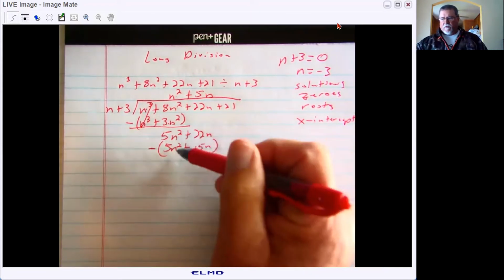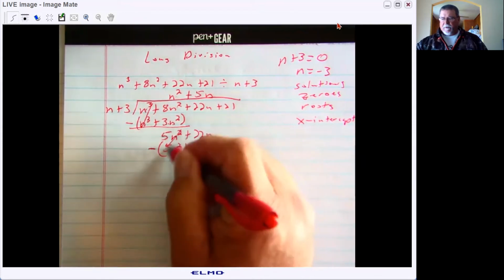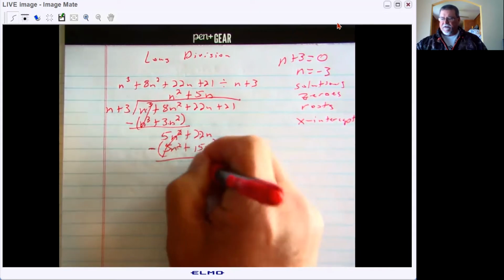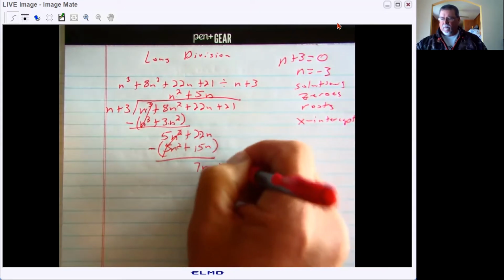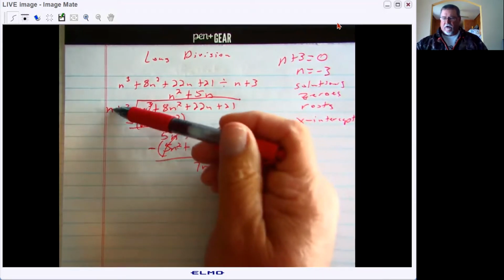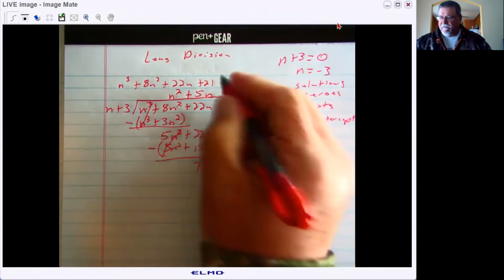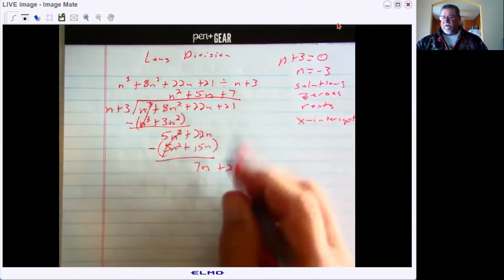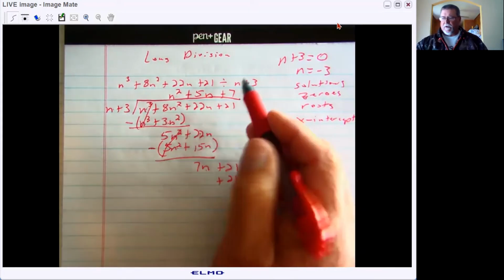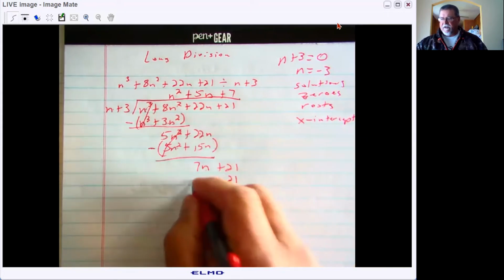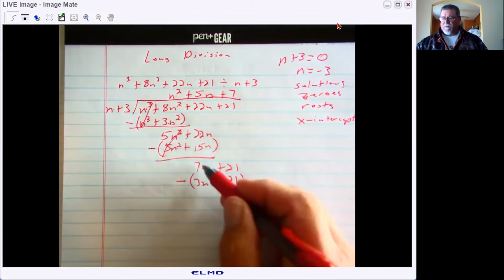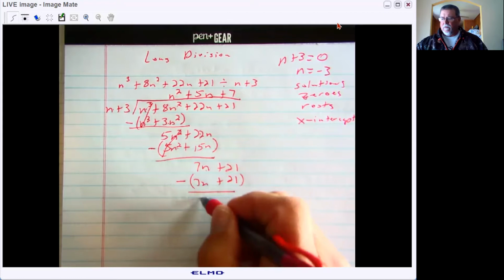That makes 5n squared minus 5n squared, so those are eliminated because they add up to 0. And 22 minus 15 is 7n. Bring down the 21. And again, divide the leading term by the leading term. 7n divided by n is 7, and it's going to be plus 7 because it's positive. 7 times 3 is 21, and it's positive because I multiplied positive numbers. 7 times n is 7n, and again, in parentheses, and I'm subtracting these terms. 7n minus 7n is 0.